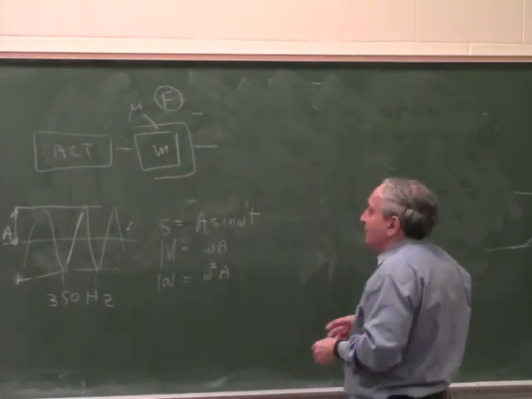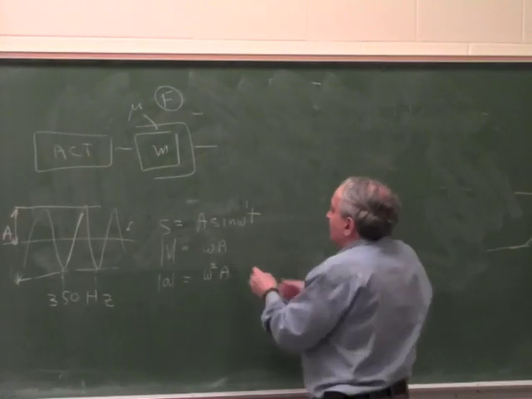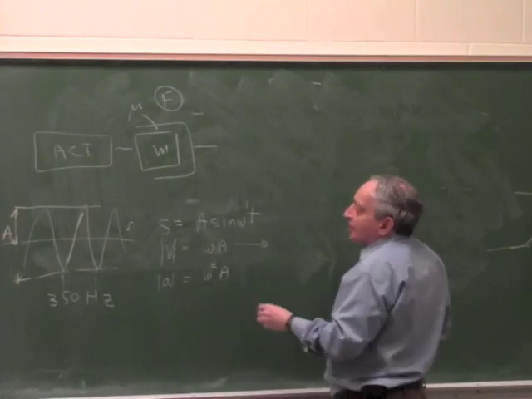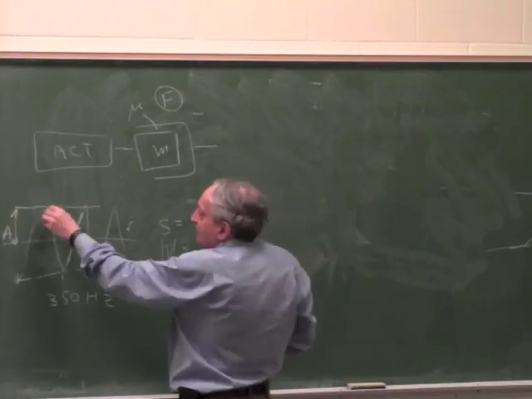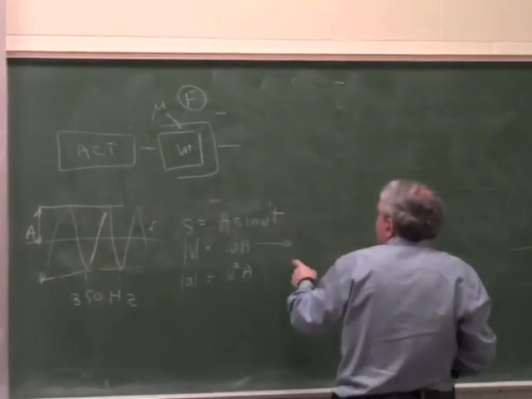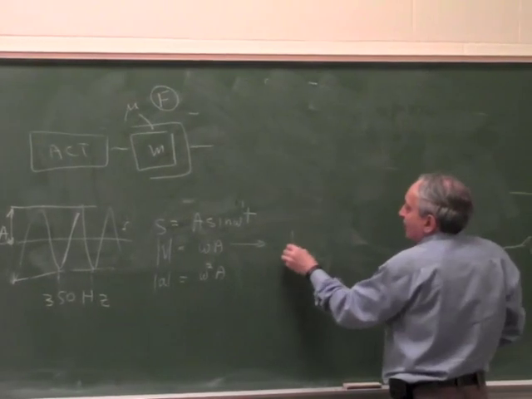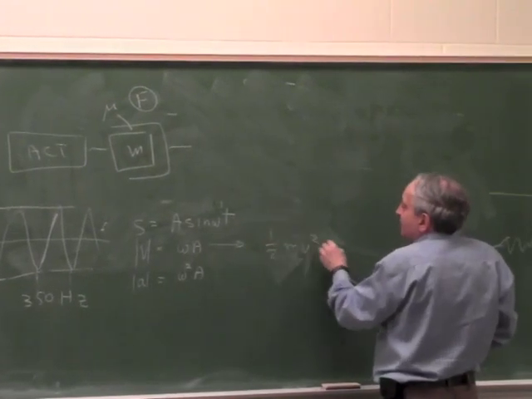Or another way of doing it, if I take it from zero velocity to maximum velocity, I'm storing an energy of 1/2 mv squared.